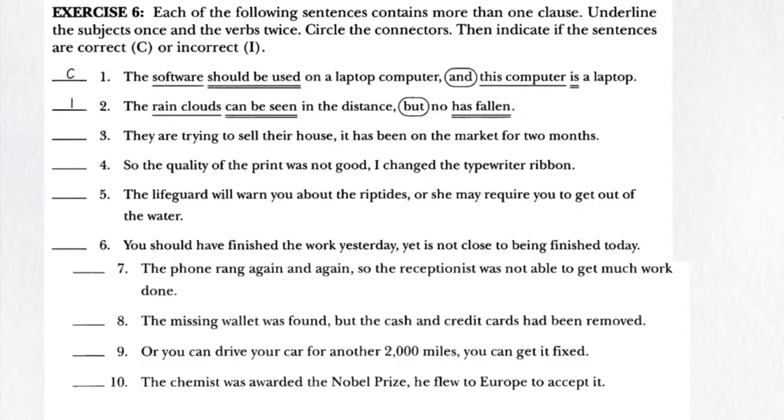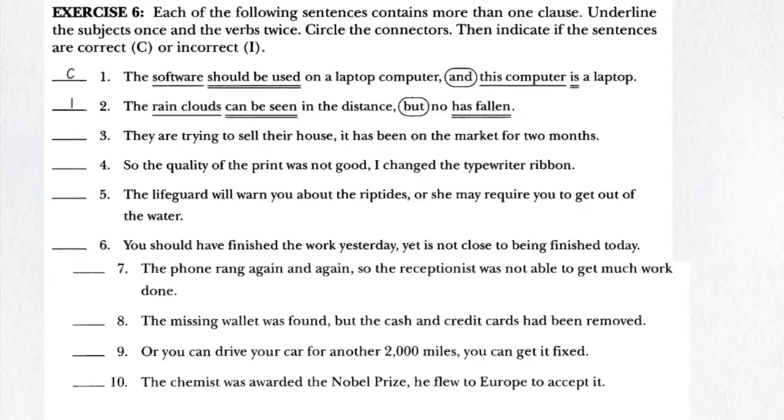It should be the quality, so I changed, and not at the beginning. Number 5, correct. Number 6, incorrect. It is missing the subject, which could be yet, it is.